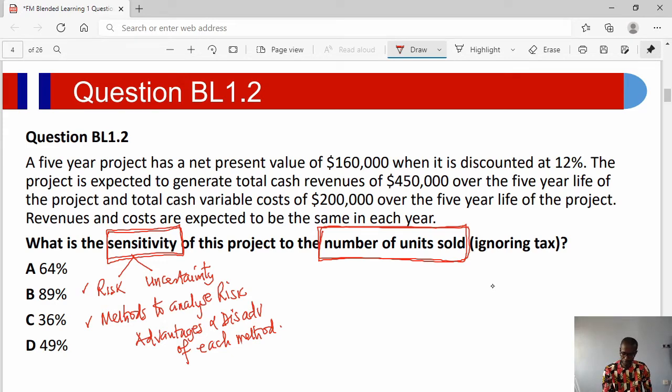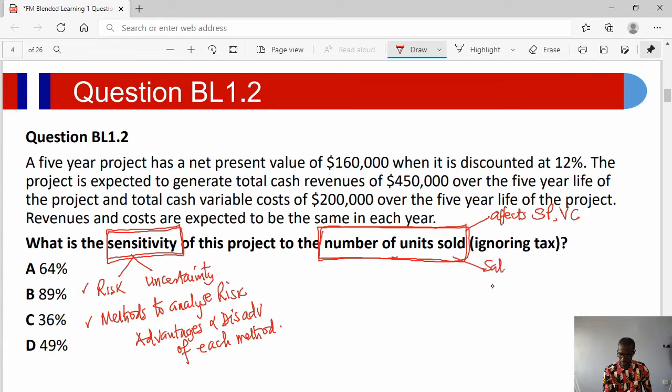Now, the number of units sold affects our selling price and then variable cost. So invariably, it's asking you sensitivity to sales volumes. Units sold, that is sensitivity to sales volumes.